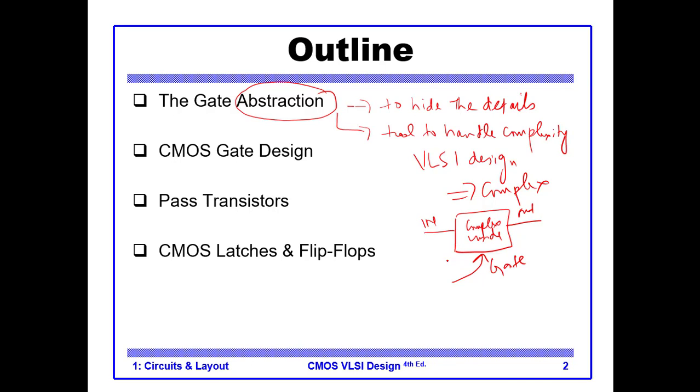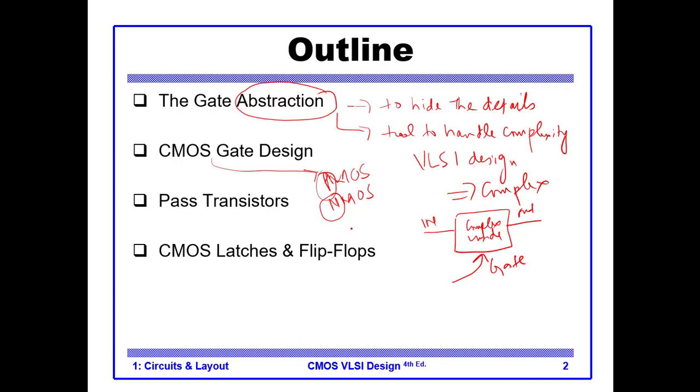Then we will specifically go to CMOS. We want to build and design gates, but they should be based on CMOS. CMOS means PMOS and NMOS. P and N stand for the positive and negative doped material that we use. Later in the course we will discuss PMOS and NMOS in great detail.